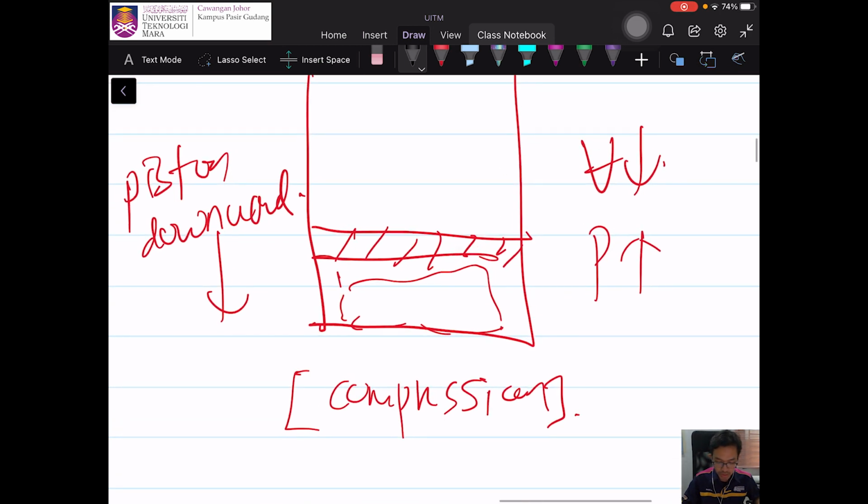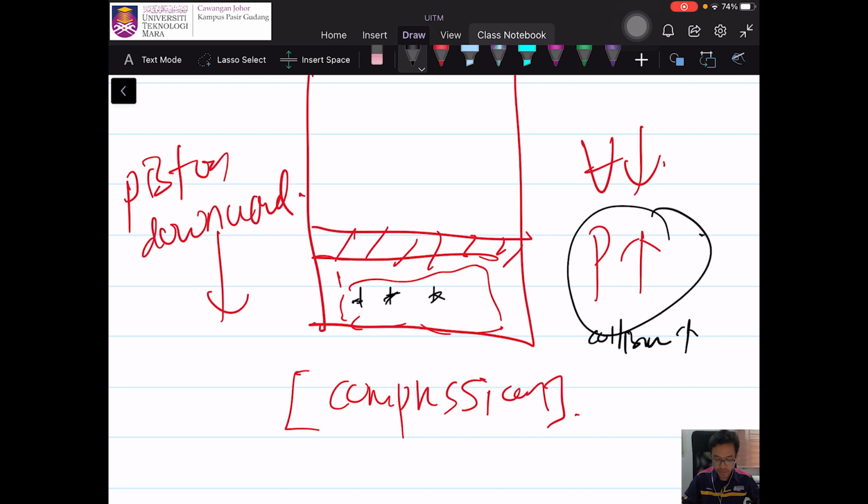If the compression occurs here, most likely the atoms will have more collisions. The collision is higher. As the collisions increase, the force between them is increased and the pressure will be higher, because the pressure is equivalent to the force per unit area.